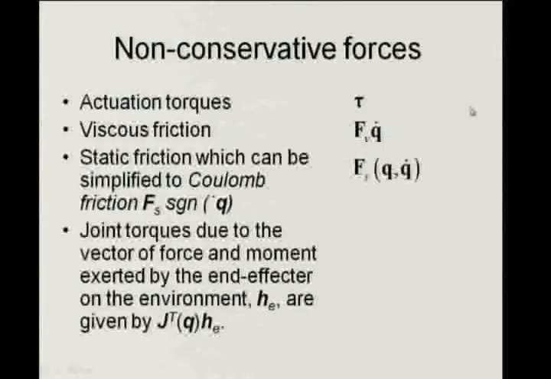They are the torques at the actuator, there is viscous friction which is dependent on q dot, by definition, by speed. Then there is static friction which can be dependent on q as well as q dot, it is a combination, but you can simplify it where it becomes Coulomb friction.